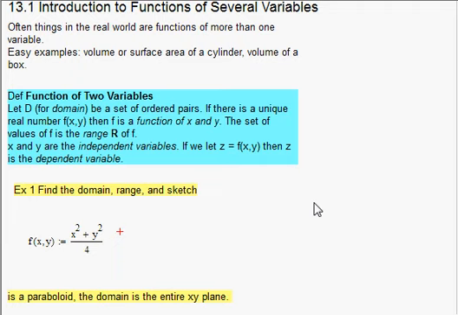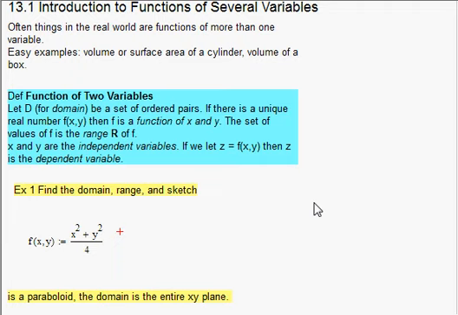Resuming from that pause, I hope you realized that, well, if x and y are both squared, then neither can be negative. So the smallest possible value for f of xy would be 0 when x and y are both 0, sort of the origin. And if x and y grow continually, then there is no largest value. So the domain is all real numbers, or the entire xy plane.